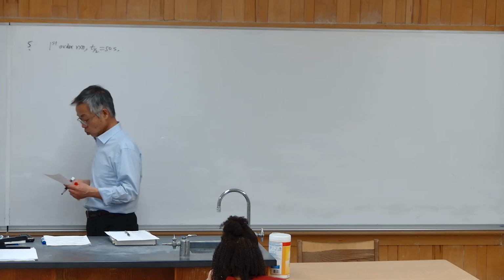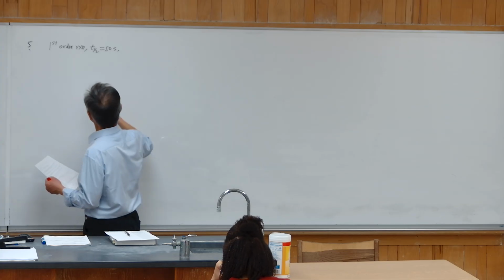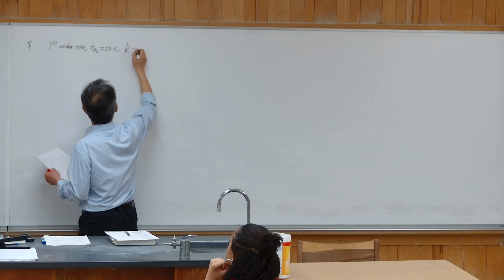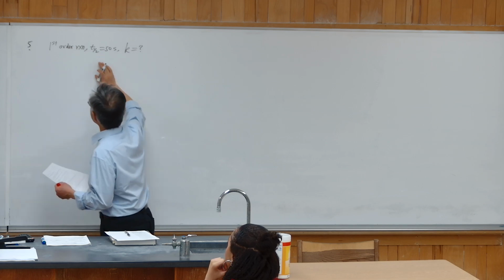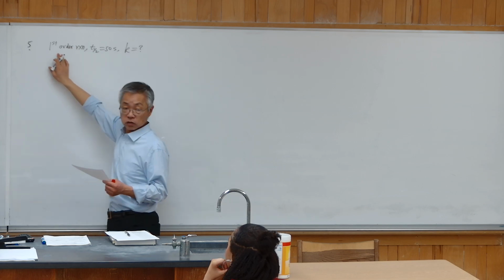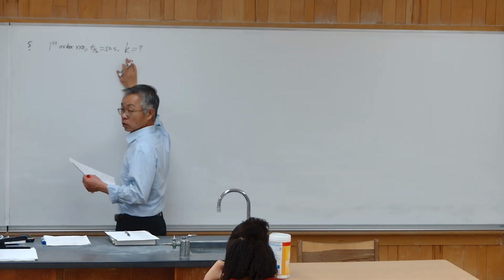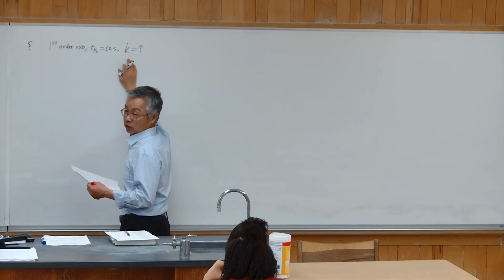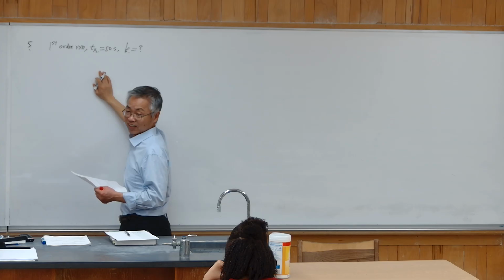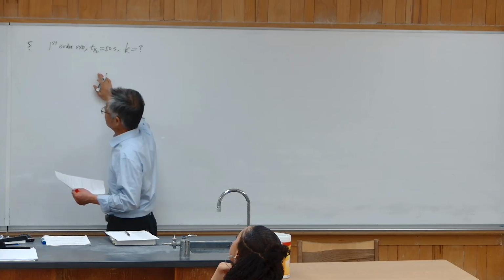It asks what is the rate constant of the reaction. It tells you the half-life of a first order reaction and asks the rate constant, so you need the relationship between half-life and the rate constant. Do you remember that formula?